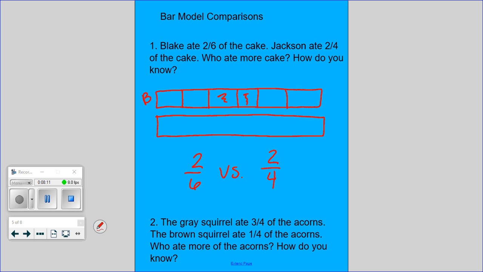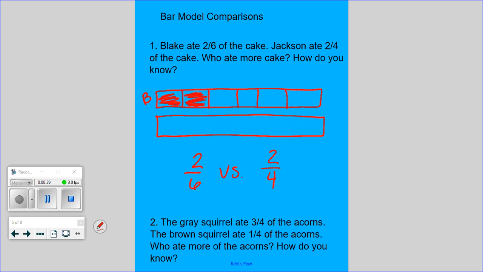However, since we are comparing, it makes it way easier if you start on one side and go across. This is not wrong. This does show 2/6. It just makes it a lot harder when we are comparing. So we're going to color in the first 2 pieces. All right, here's Blake.